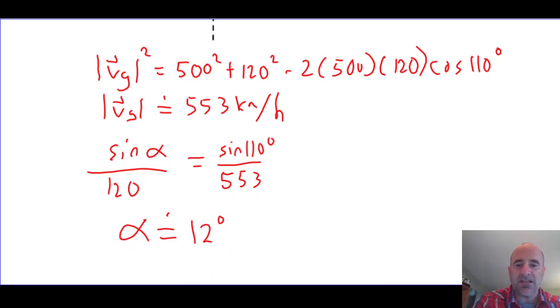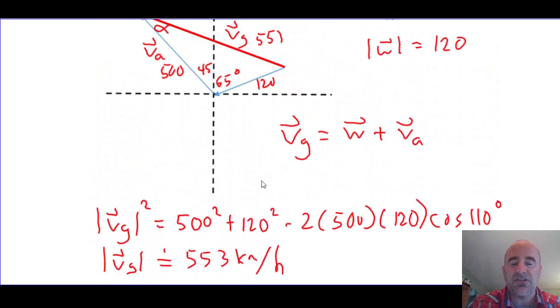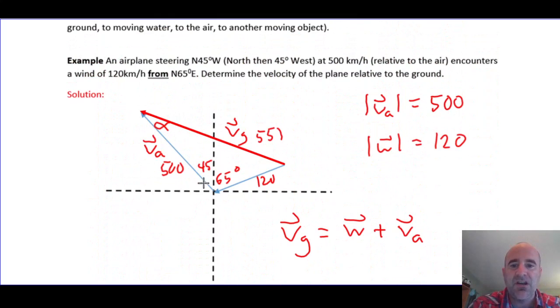Okay, so what does that tell us? Well, it tells us that this angle up here is 12 degrees, which again, if you imagine this vector over here, since vectors don't have position, is 12 degrees as well. So this plane goes 45 degrees plus another 12 degrees off course.